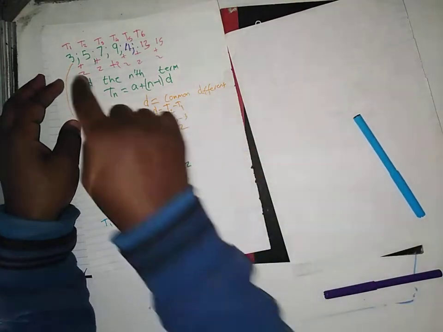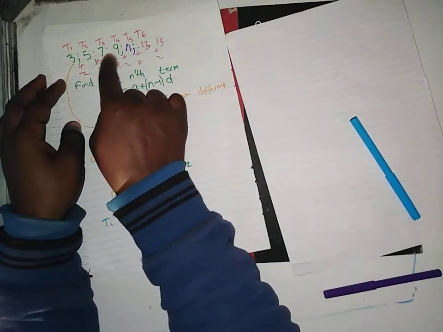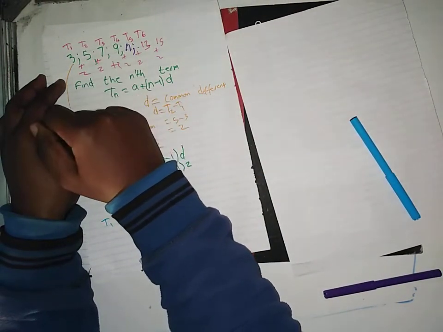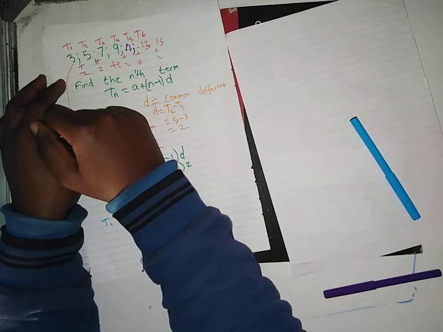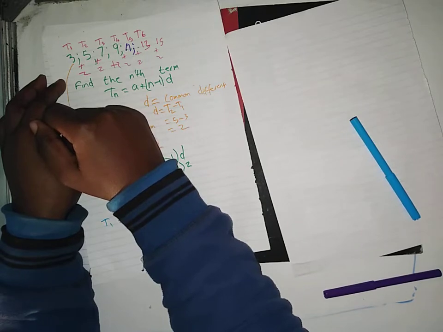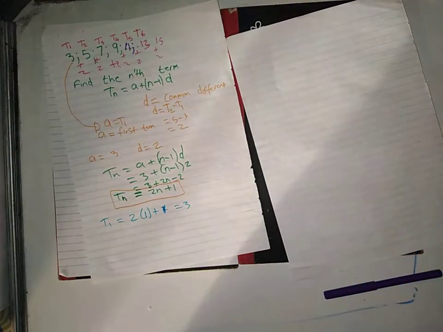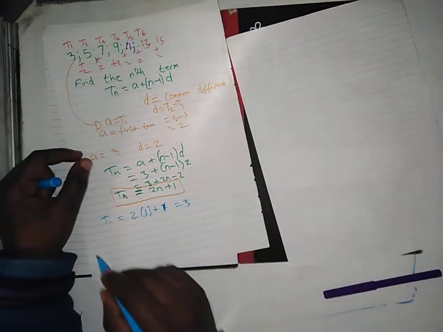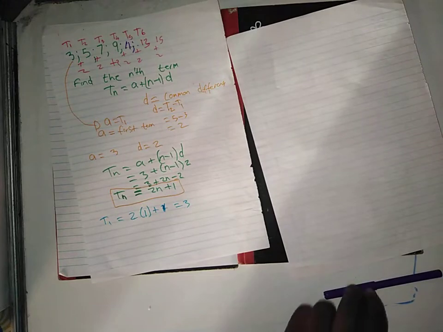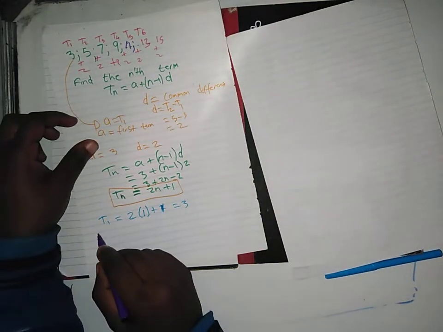For some reason, now we know we've got 3, 5, 7, and so on. Let's say somebody says, what is the 20th term of this sequence? Find the 20th term. So how do you go about doing that?